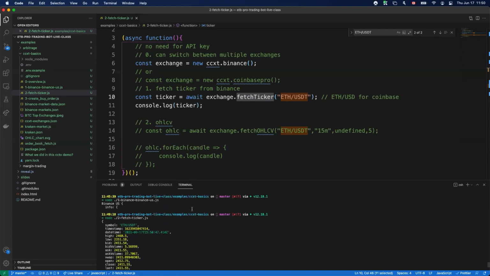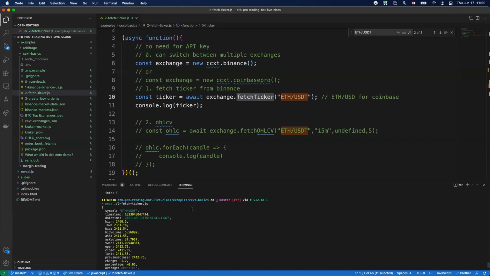Now, this ticker data is going to have a bunch of details like what is the high price, what is the low price, what is currently the price at which ETH is bid in terms of USDT.